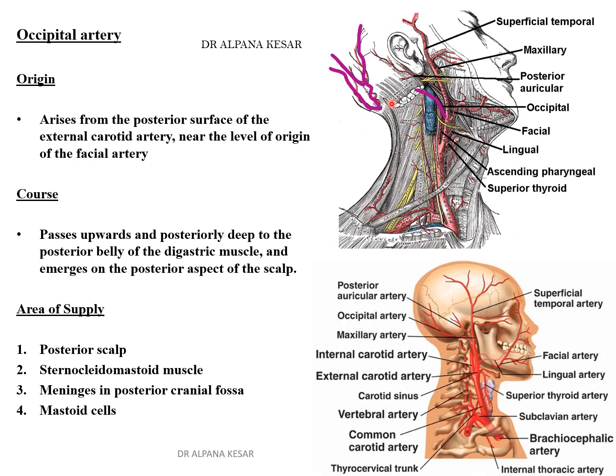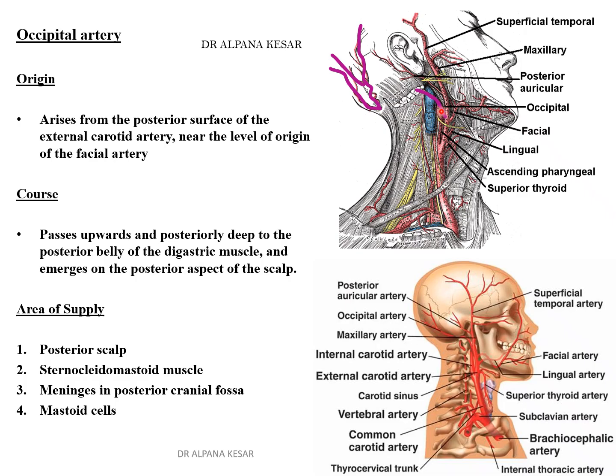Occipital artery. This is the occipital artery. The occipital artery arises from the external carotid artery opposite the area from where the facial artery arises. That is, the facial artery arises from the anterior surface of the external carotid artery, and at the same level, the occipital artery arises from the posterior surface of the external carotid artery.